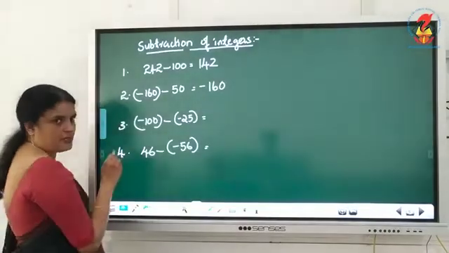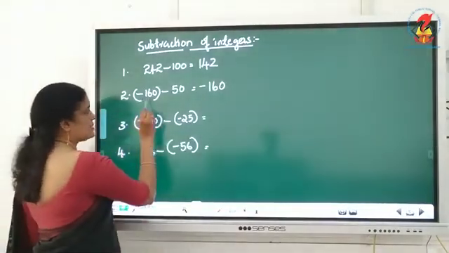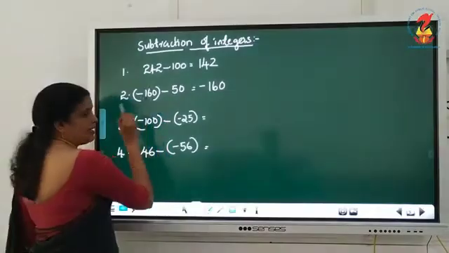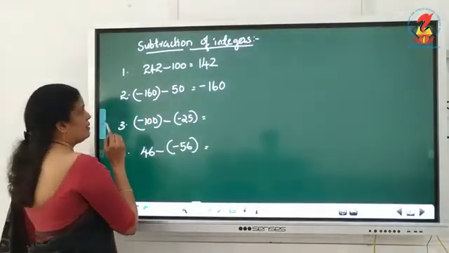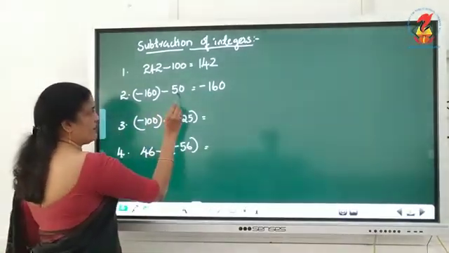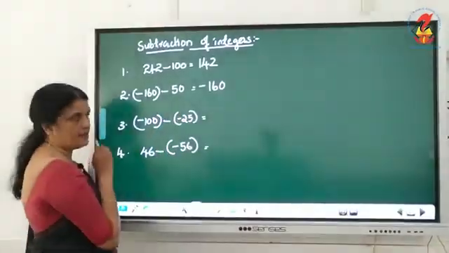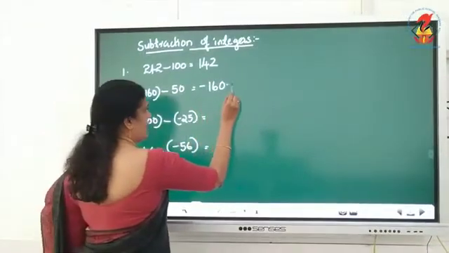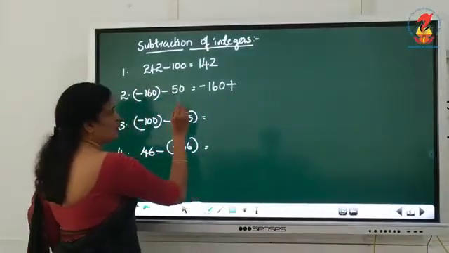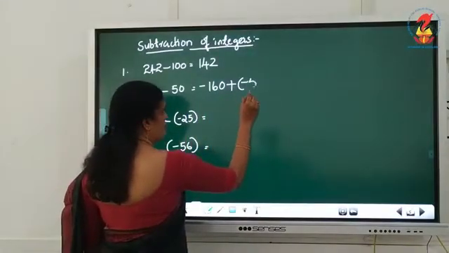One more time I will explain. We subtract 50 from negative 160. That time you should take the additive inverse of 50 and add to negative 160. Negative 160 plus, what is the additive inverse of 50? Negative 50.